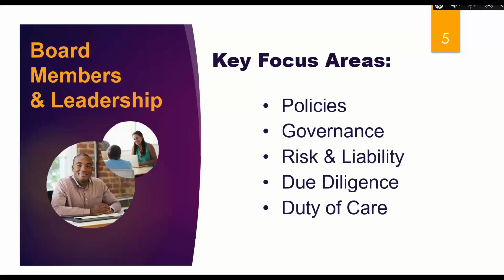So how do all of these three different levels of your organization interact in the screening process? We'll go over board members and leadership first. Their key focus areas are policies, governance, risk and liability, due diligence, and duty of care. They create an environment for effective and accountable volunteer engagement that includes the recruitment and retention.